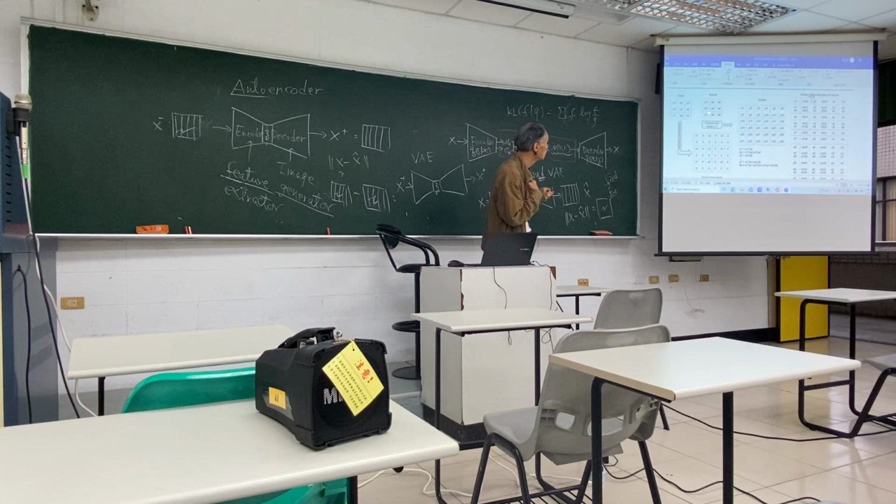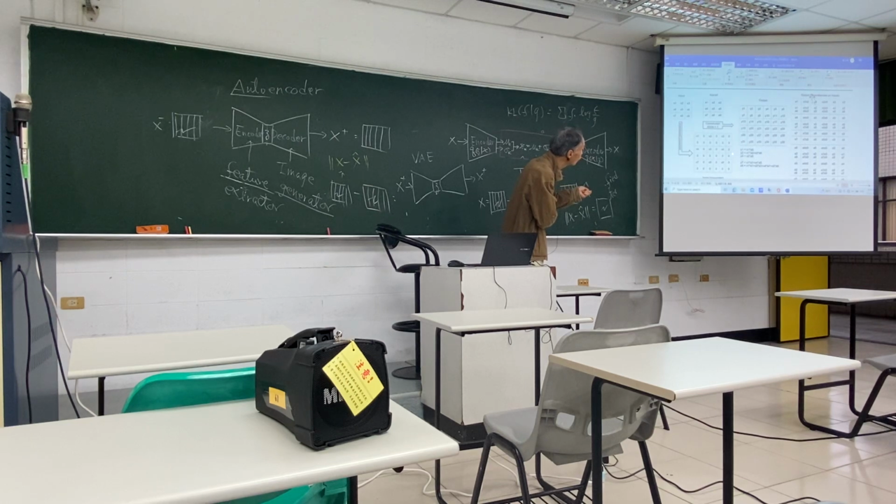What can you get here? It will be X1. We put A5 here, then we calculate all these values. Everyone follow me? So that's what you got, all the values right here.